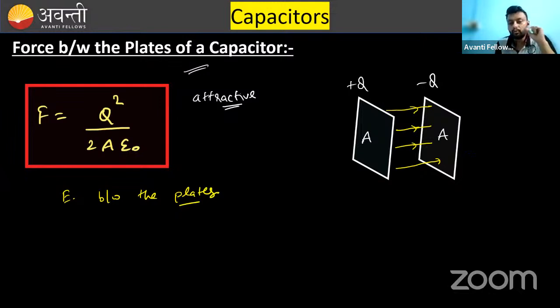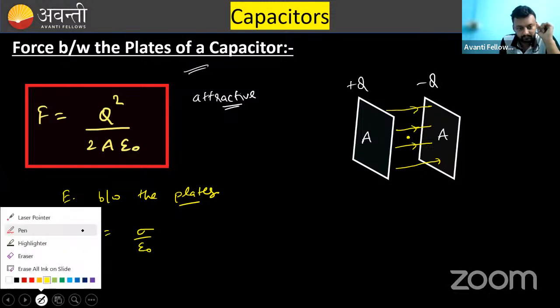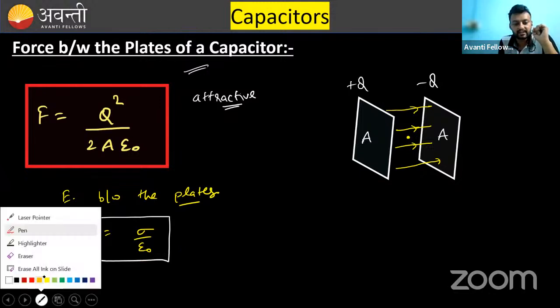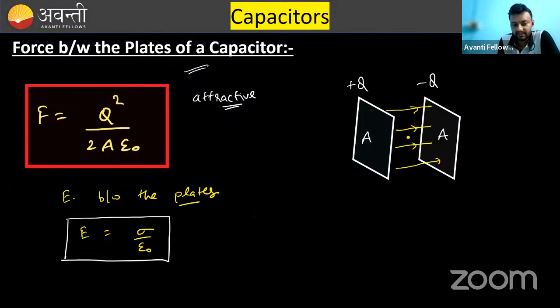The field at any point is due to the two plates, one positively charged and one negatively charged, and this field is sigma by epsilon naught, where sigma is the surface charge density, that is, charge per unit area.